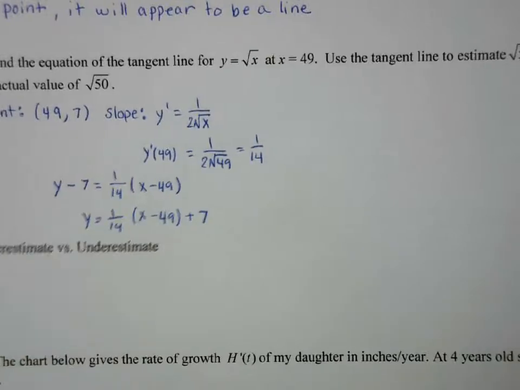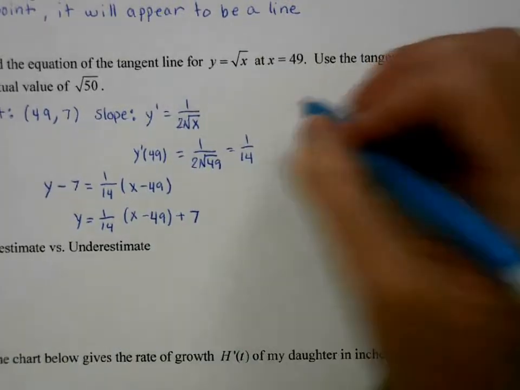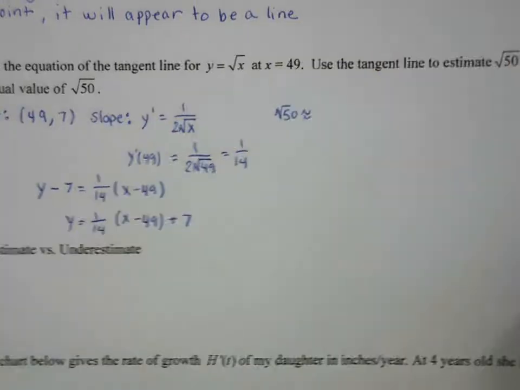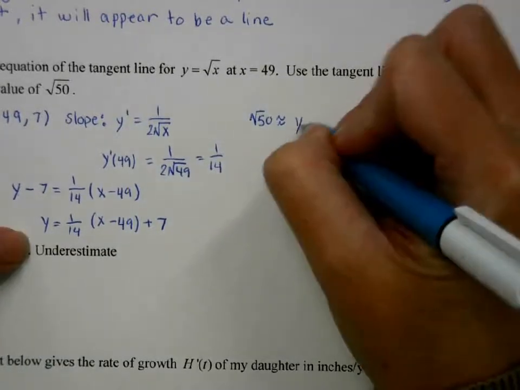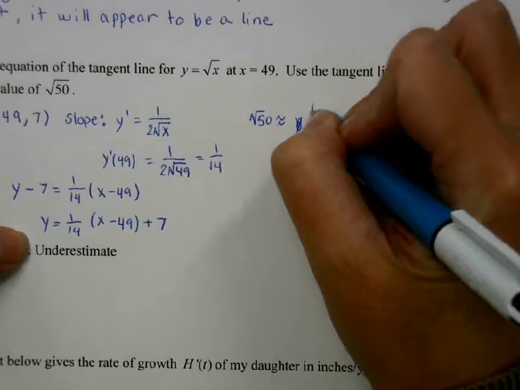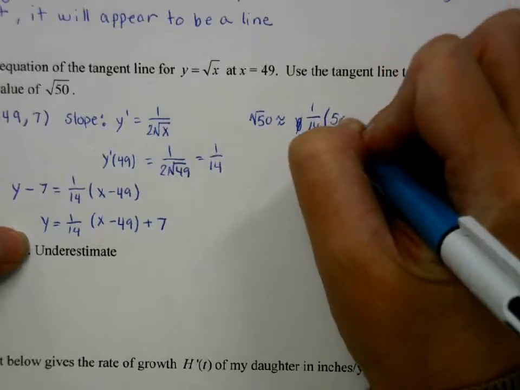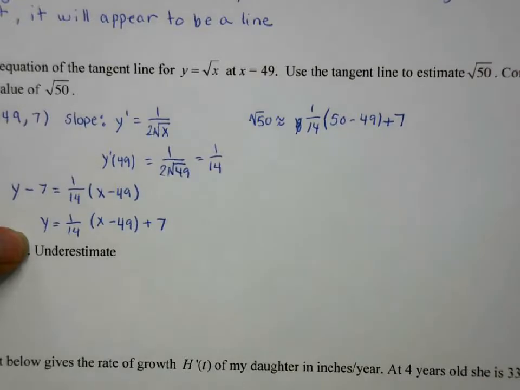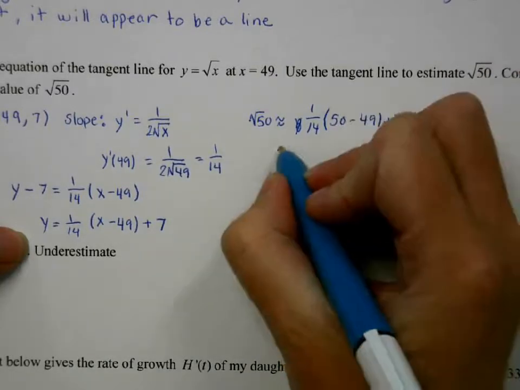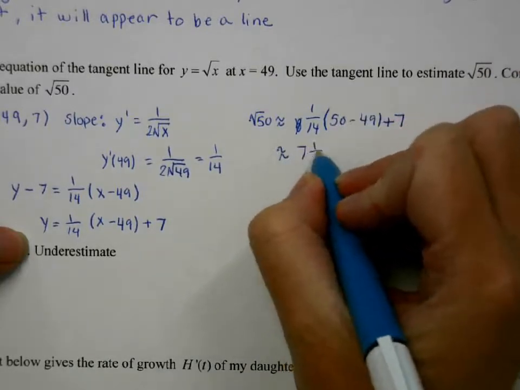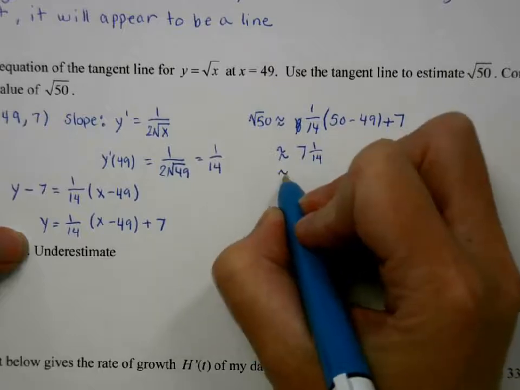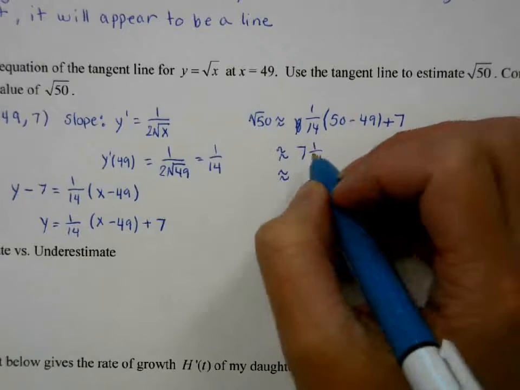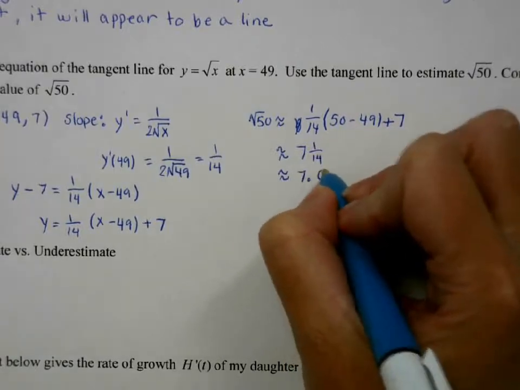So now we're going to use this to approximate the square root of 50. Okay, so we're going to take 50 and plug it into the equation here. Okay, well this is just going to be 1, so this is going to be 7 and 1/14, which if you type that into your calculator, gives you 7.0714.